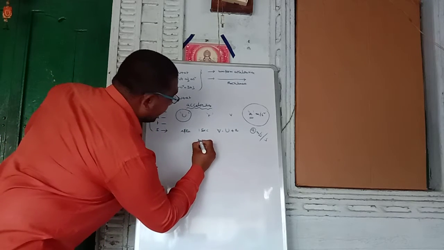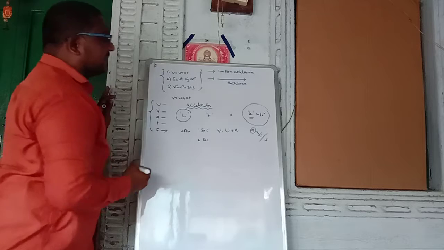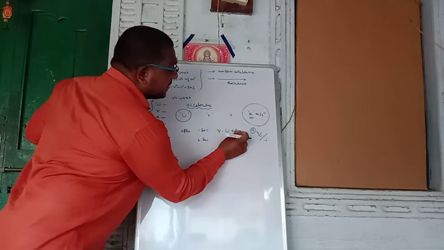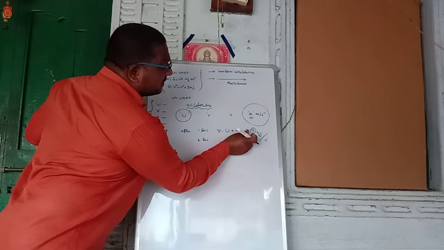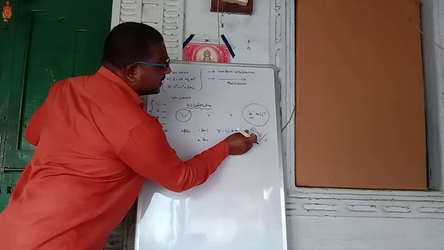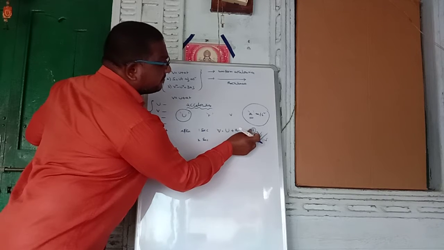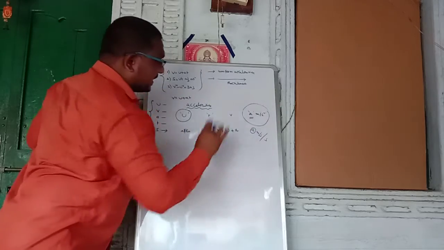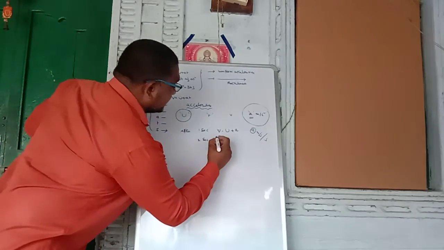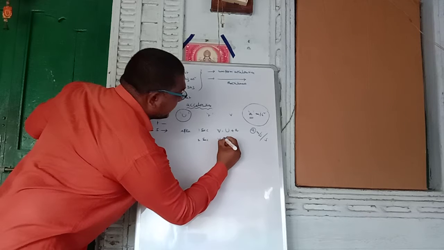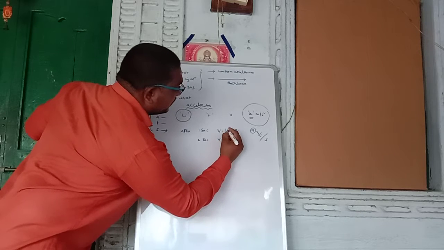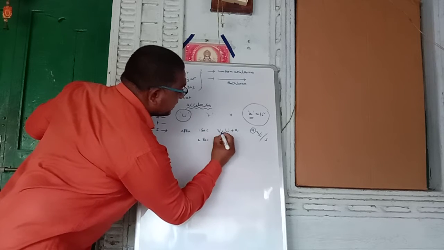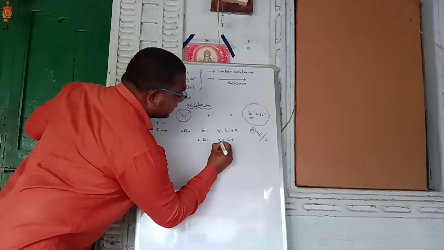After 2 seconds time, how much velocity increases? Velocity is increasing in equal magnitude. Every second the velocity of the body increases by a meter per second. That's why acceleration is a meter per second squared. So here after 1 second V1 and after 2 seconds V2.